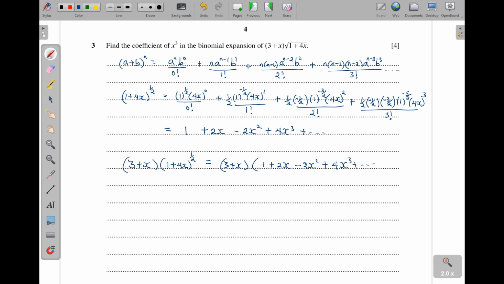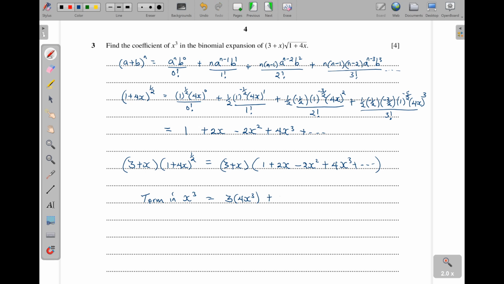So I only pick out the terms that end in x power 3. So the term in x power 3 is going to be this 3 multiplying with this. Okay, so I'll write 3, then times 4x cubed. Then this x here will multiply with the negative 2x squared.